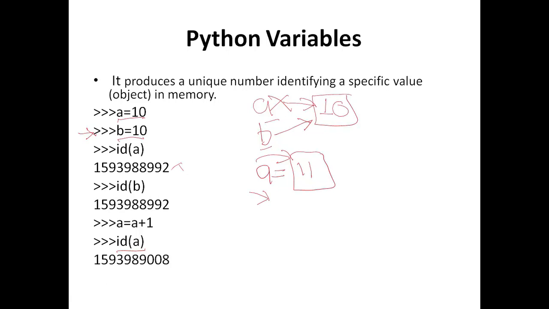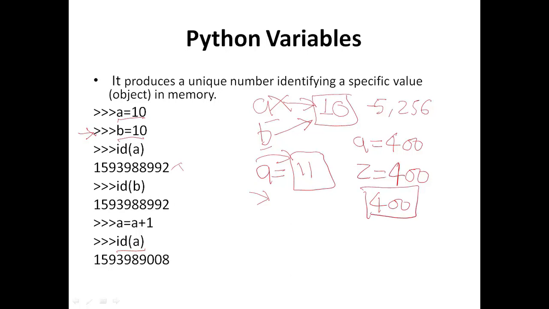This optimization is only true for a very small range of values, from -5 to 256. If your value is beyond these numbers, Python does not do the optimization. So if you assign the variable A some value like 400, and take another variable, suppose Z, and assign the same value 400, Python creates two different objects.